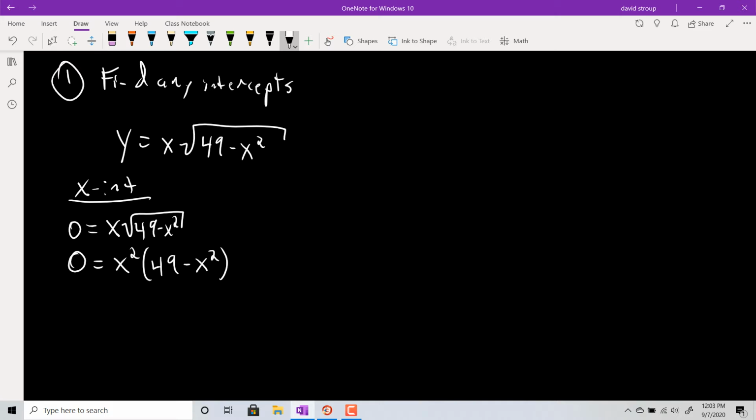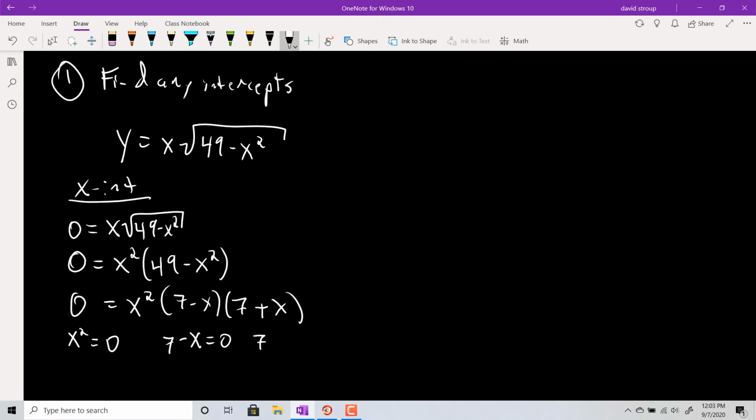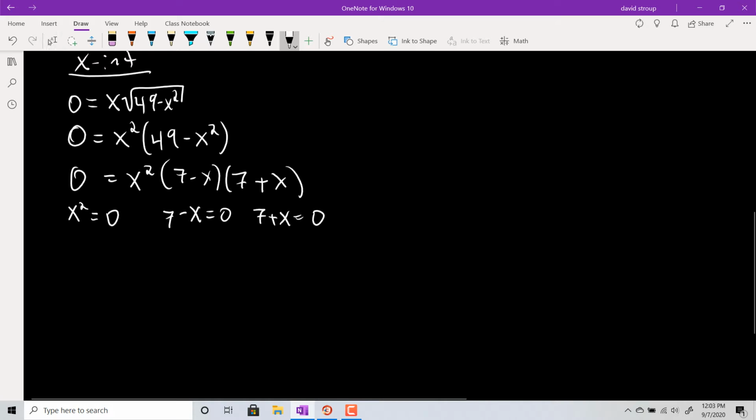And of course you can, if you want to, factor that. It'd be x squared times 7 minus x times 7 plus x, and then set the parts equal to 0. Don't forget the x squared part, okay? Then 7 minus x is 0, and 7 plus x is 0, and then solve all three of those.